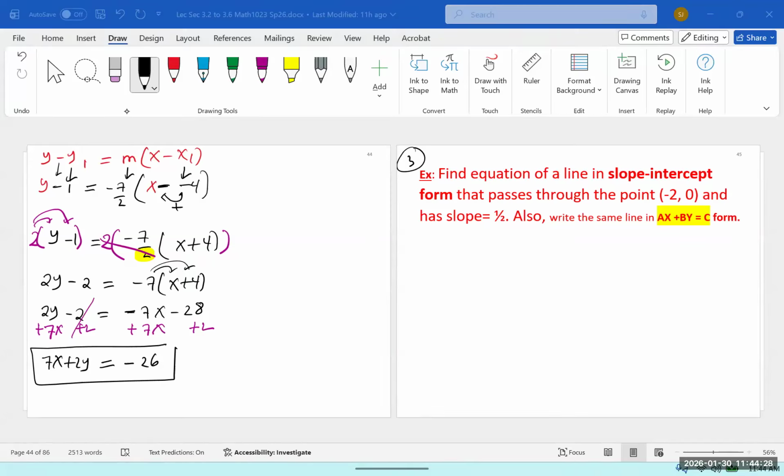This one says you have to write in two formats. One is slope-intercept form, and at the end, write in standard form. Same thing we did in the last example, do the same for this question.